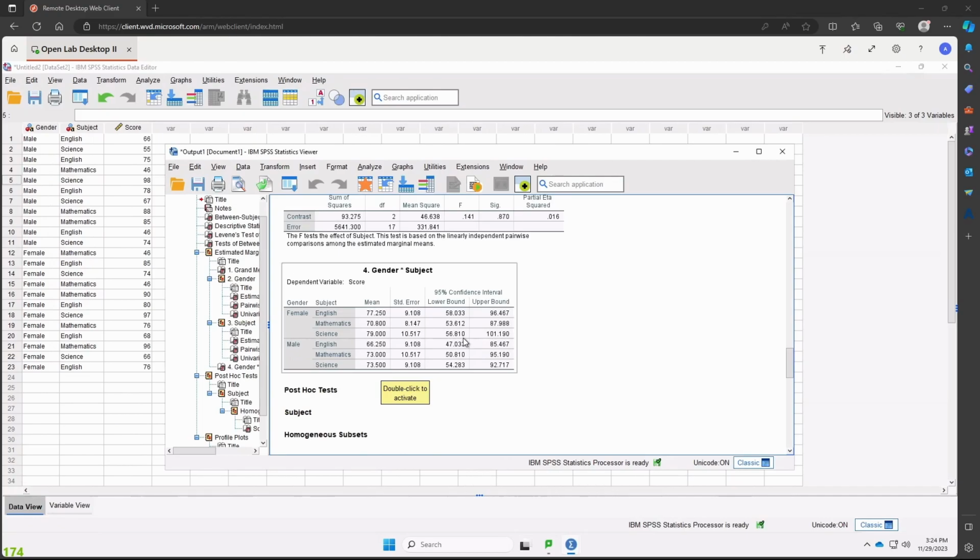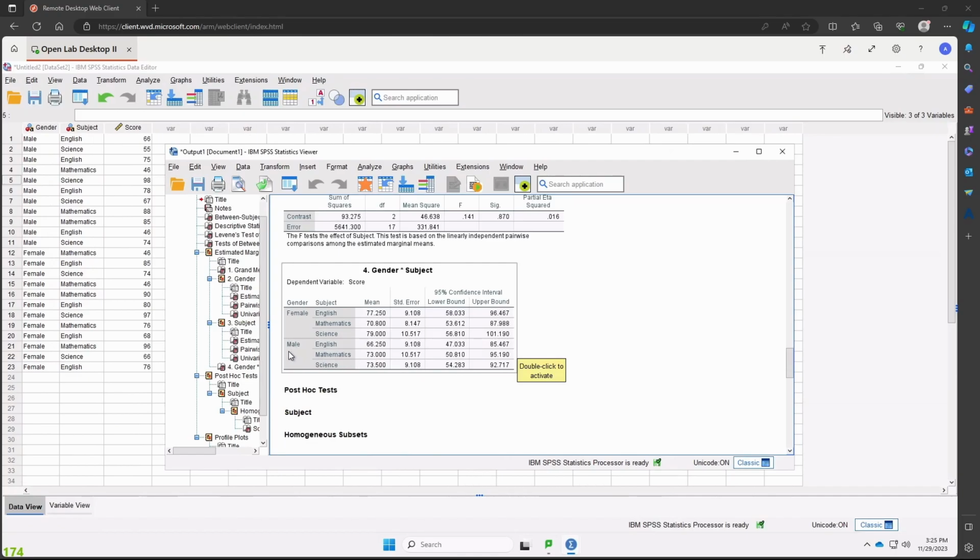For female times English, we get 77.250, for female times mathematics, we get 70.800, and for female times science, we get 79.000. And for male, when it's times English, we get 66.250 for the mean, and for mathematics, we get 73.